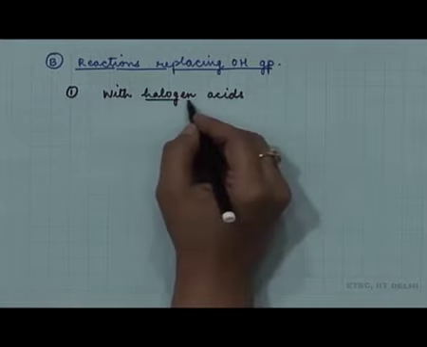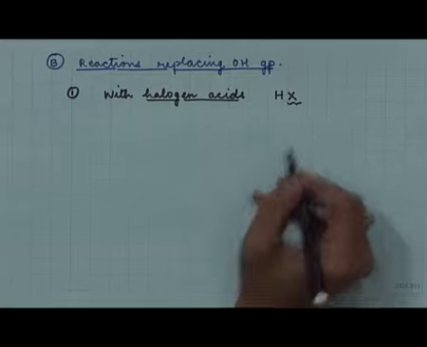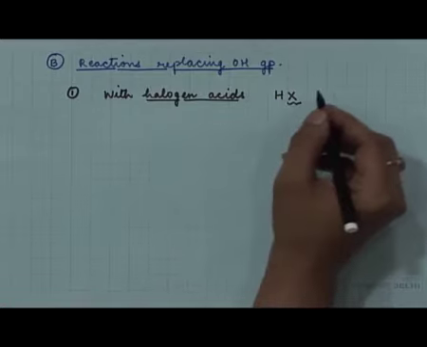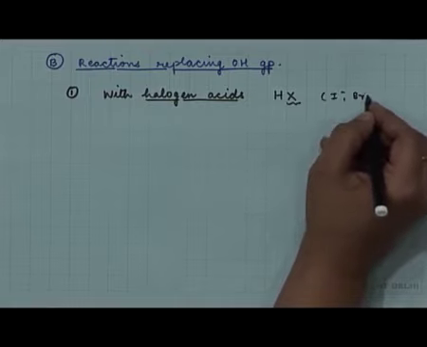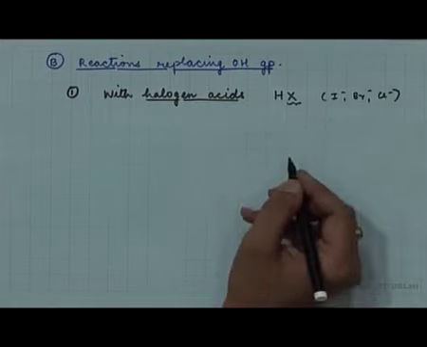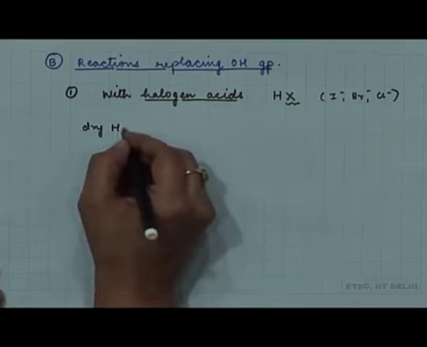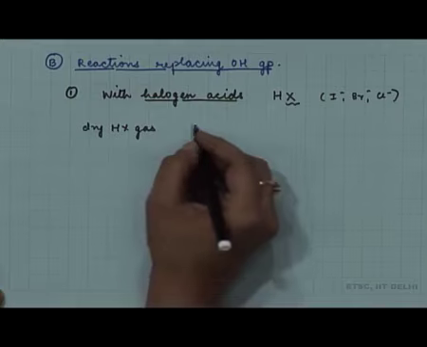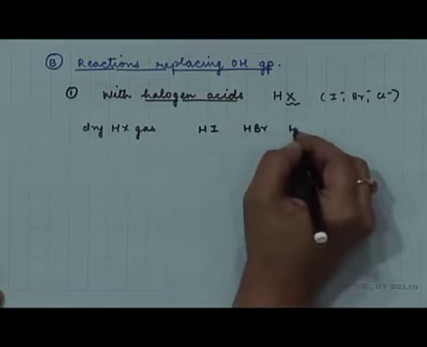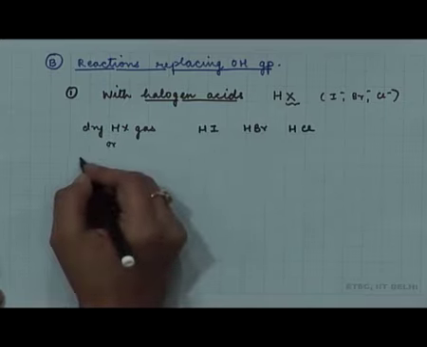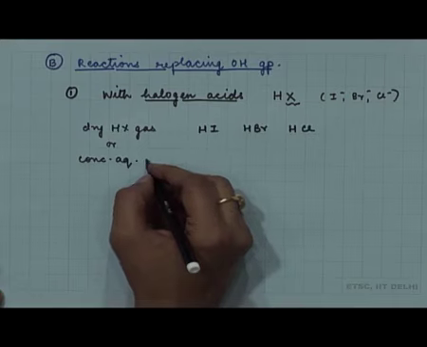So what do you mean by halogen acid? It is represented by the general formula HX, where X is your halogen. Your X could be iodide, bromide or chloride. Okay. So your halogen acids can be either a dry HX gas, which means you can have either dry HI, HBr, HCl, or you can also use concentrated aqueous forms of these acids.